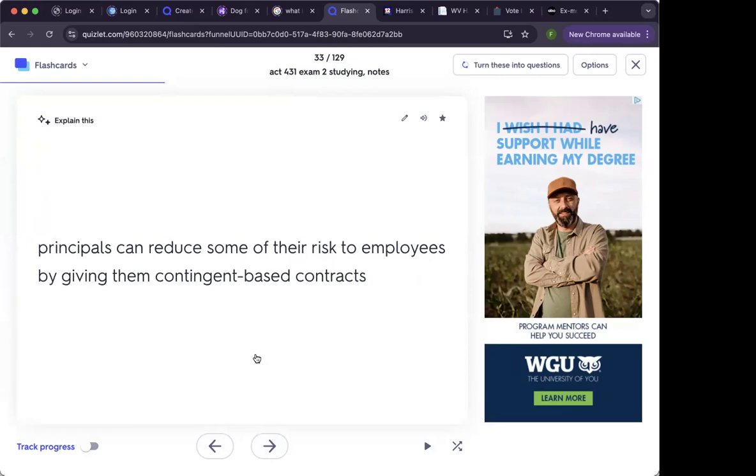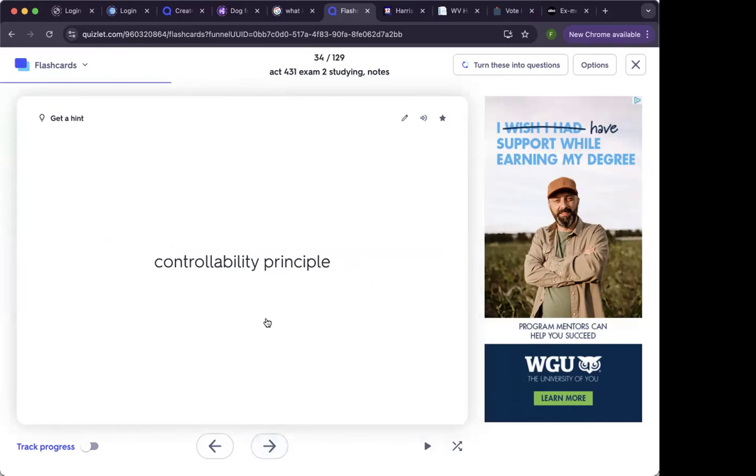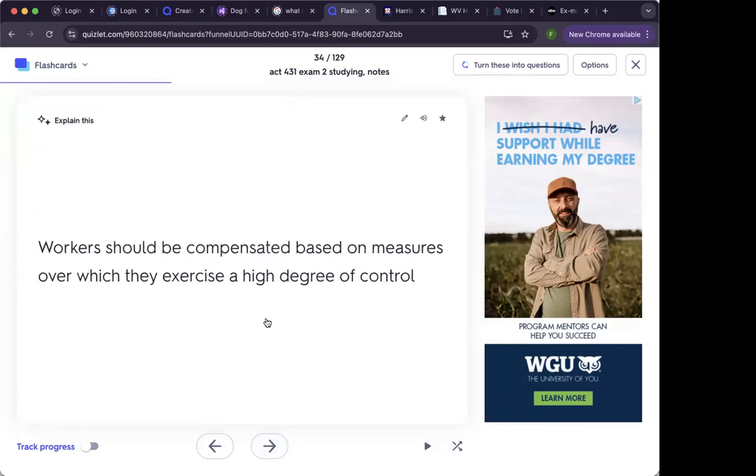Principals can reduce some of their risk to employees by giving them contingent-based contracts. The controllability principle. Workers should be compensated based on measures over which they exercise a high degree of control.